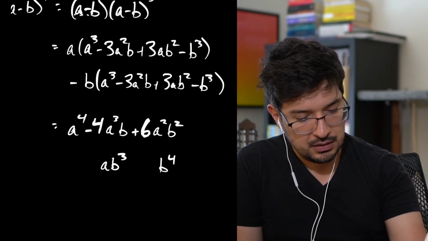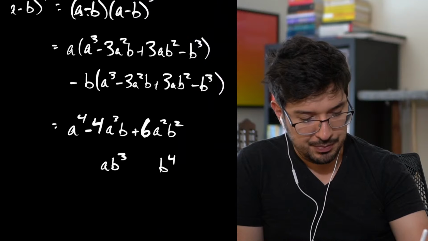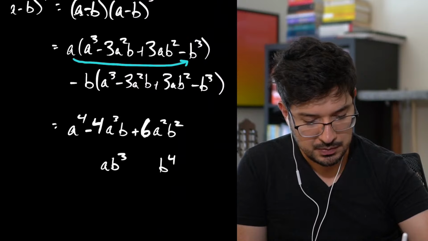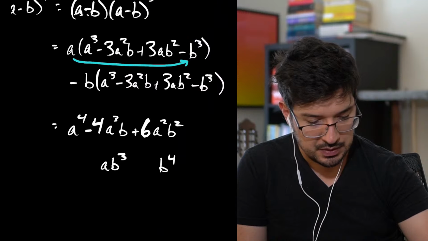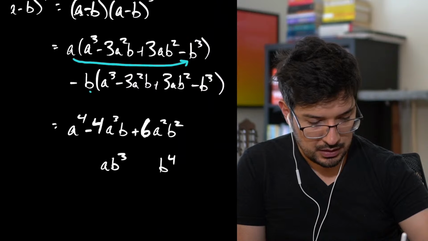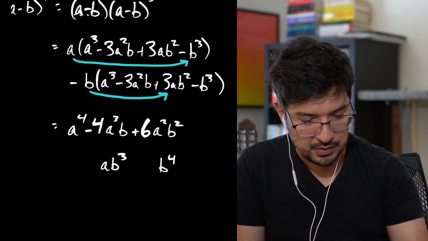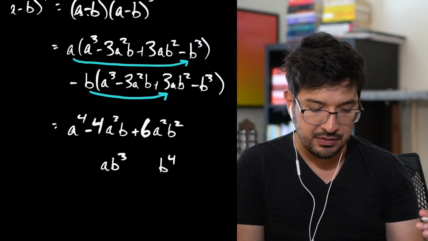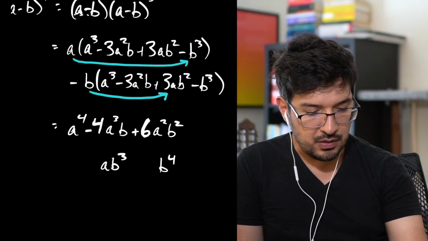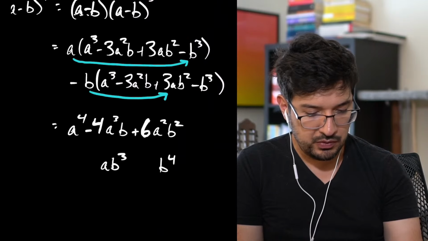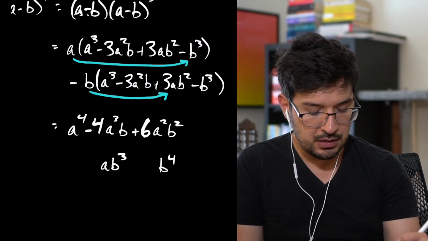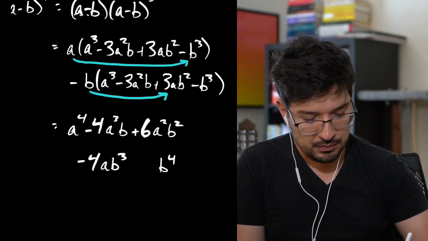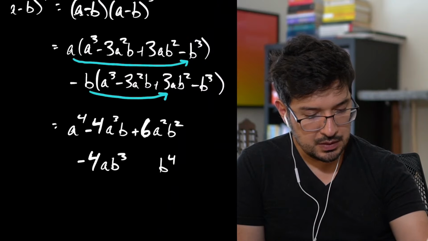And then ab cubed would be a times that b cubed, and we also get an ab cubed by multiplying negative b times 3ab squared. So following those two, we get negative 1 minus 3 is negative 4 ab cubed.